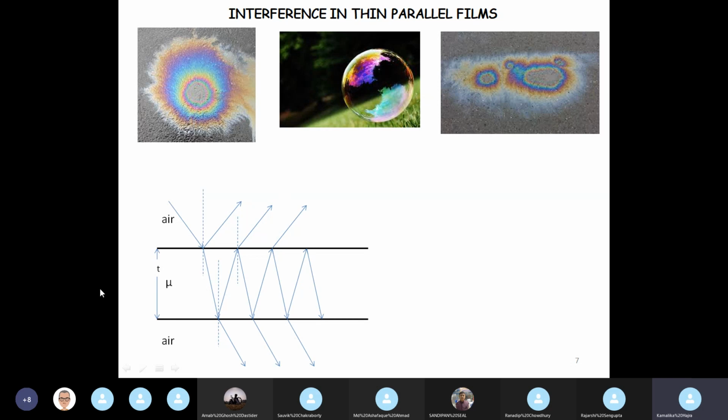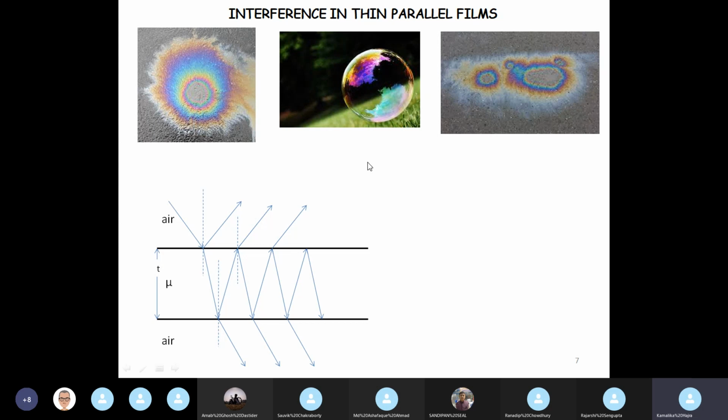What is happening as this light keeps on getting reflected and transmitted? What do you expect to happen to the rays that come later on? Will they be as bright as the incident ray or the initial reflected and transmitted rays?